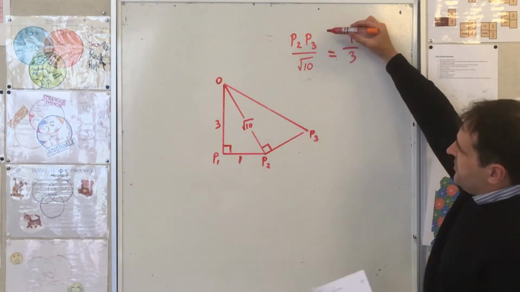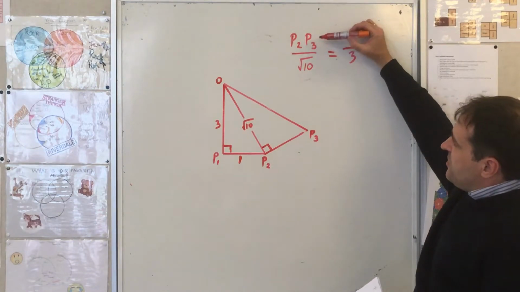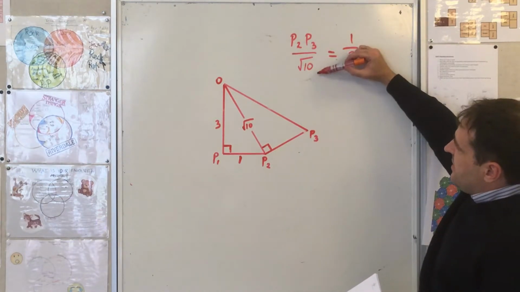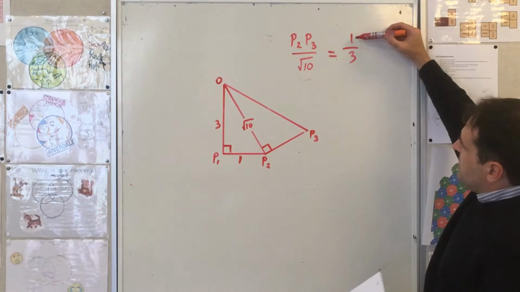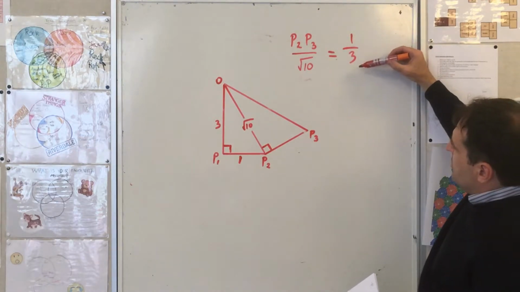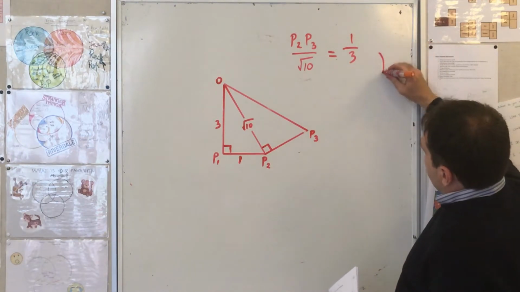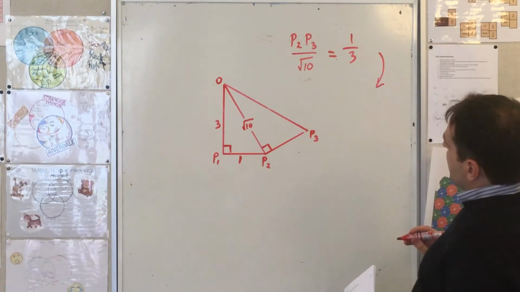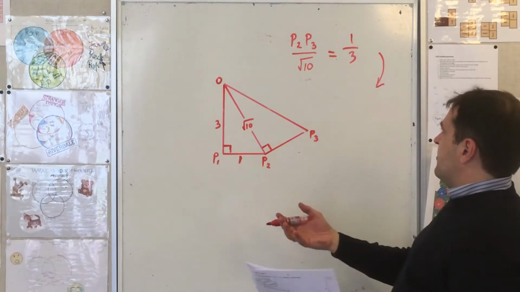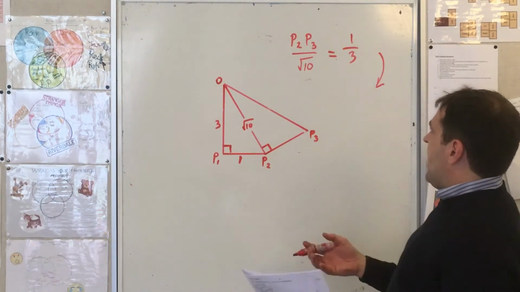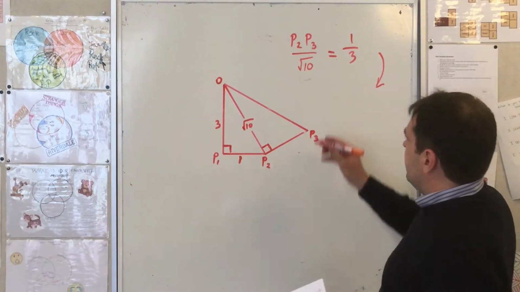The side that we're trying to find out, P2, P3 divided by root 10, is the same as 1 divided by 3. Now because that's an equation, you can do something to both sides, and as long as you do the same thing to both sides, it will still balance.